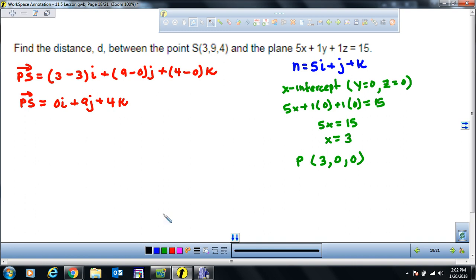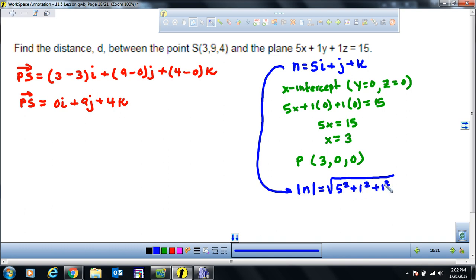Okay? And now what else do we need? We need a unit vector that goes in the direction of this normal vector. For the formula, we need that also. How do we find that unit vector? Well, first of all, we need to find the magnitude of that normal vector, which is going to be the square root of 5 squared plus 1 squared plus 1 squared, and that is the square root of 25 plus 1 plus 1, which is the square root of 27.